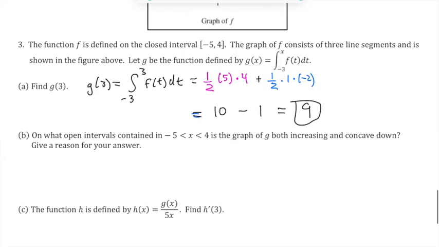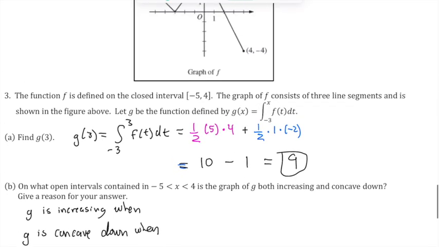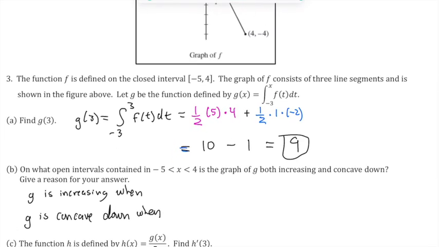Part B, what open intervals contained from -5 to 4 is the graph of g both increasing and concave down? Give a reason for your answer. So if you recall, g of x is increasing when your derivative is positive.